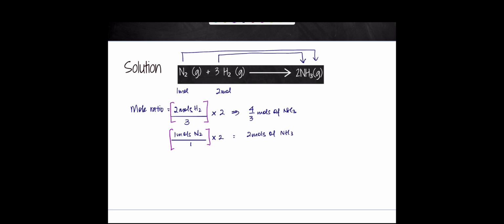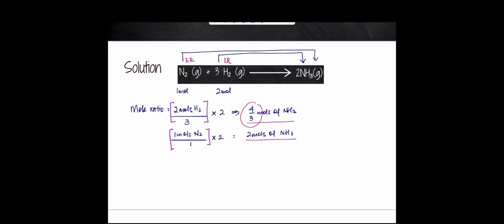So in this case now, once we have calculated, we make a comparison between the both moles of desired, and we realize that this is smaller. Hence, the limiting reactant now will be hydrogen, and nitrogen will be my excess reactant.